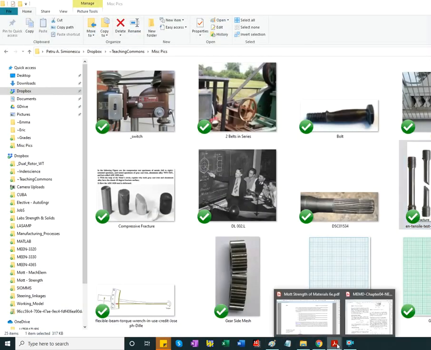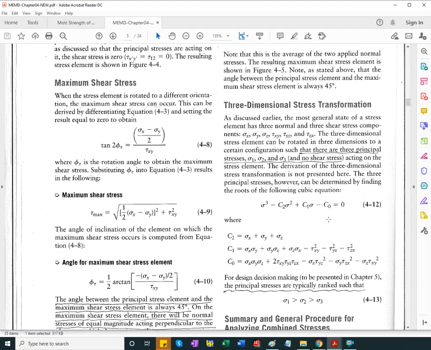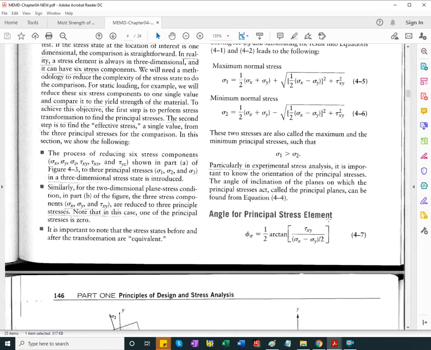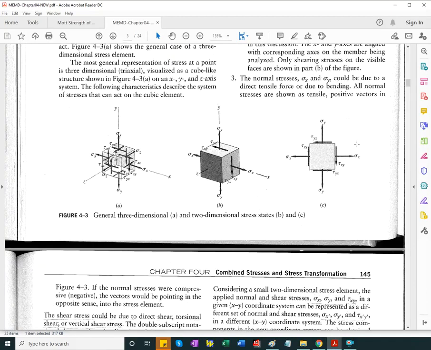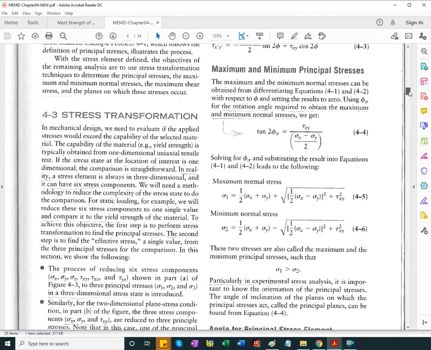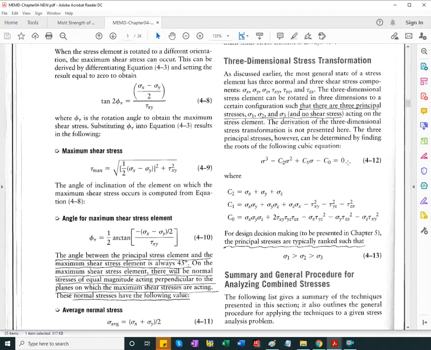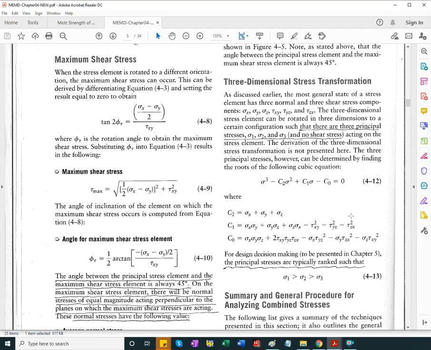Okay, so let's go back to the chapter. There are instances where stresses occur not just in plane but three-dimensionally, and for that case we can calculate the three principal stresses, in the most general case all non-zero, and they are the solution of this cubic equation with the coefficients C2, C1, C0 as shown.